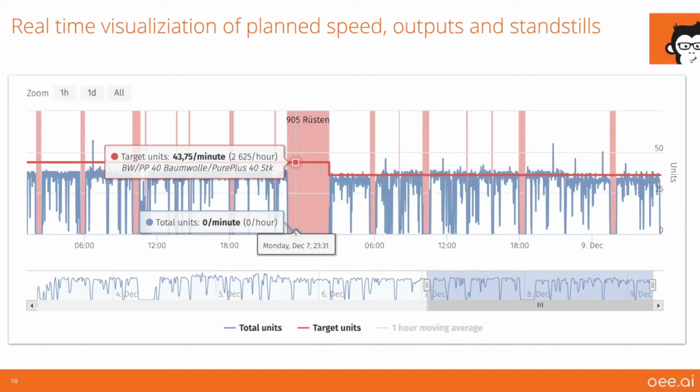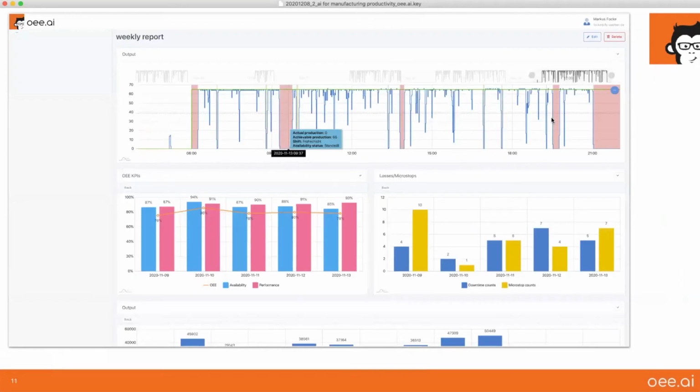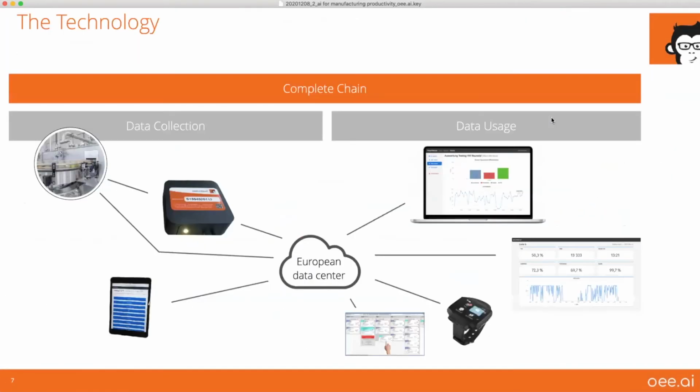I get the question how the losses are captured. The losses are captured via the iPad. If you look at this chain, the sensor itself has the availability, or the data center is calculating in real time if there is a loss. And it tells you if there is a performance loss, or an availability loss, or if it's a microstop.